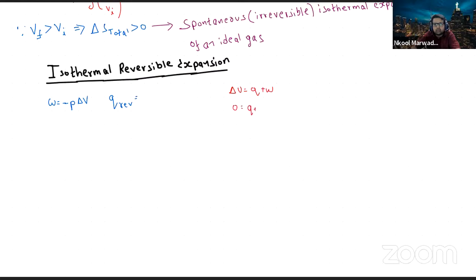So Q will be minus W, so Q will become minus minus plus P into delta V. Whenever we are talking about entropy, just calculate the Q, and Q by T will give us the change in entropy.